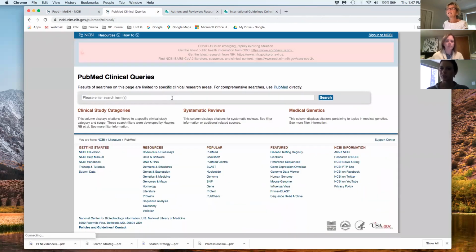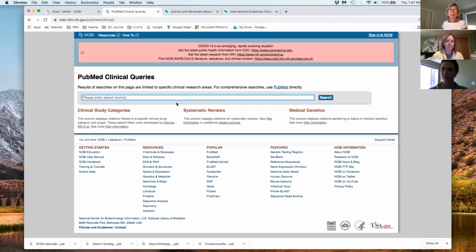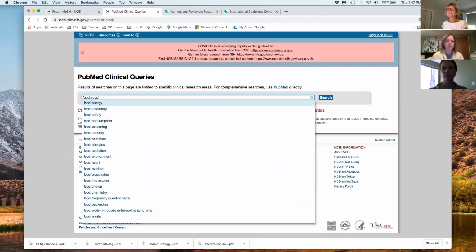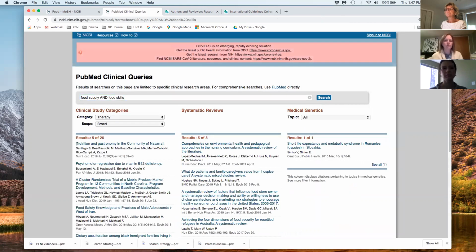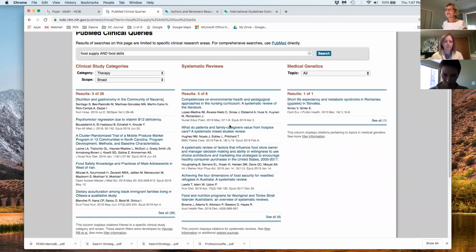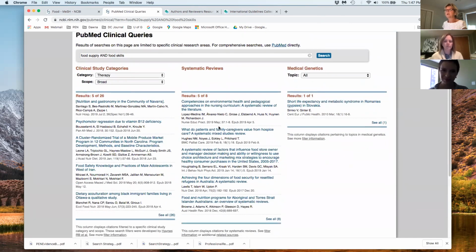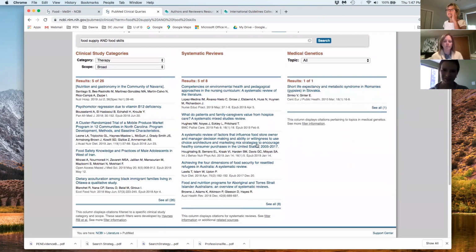We could try food supply as the MeSH term, and let's just try food skills. It wasn't a MeSH term, but we could see what comes up. Oh, interesting. So we are getting some results, even though it wasn't identified as a MeSH term.